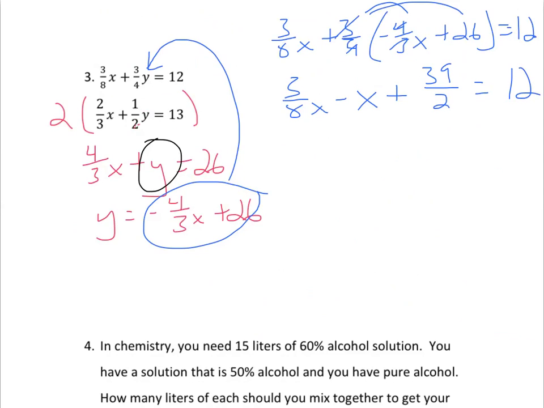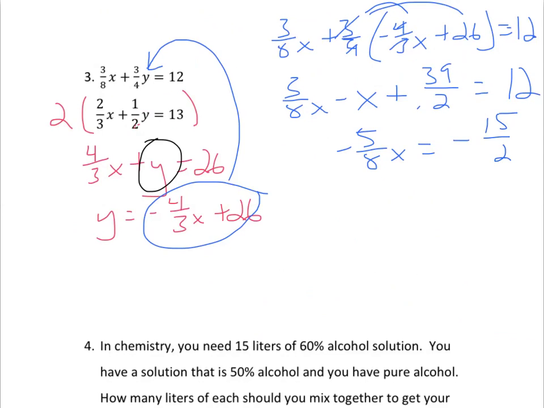And the next part, combine your x's, get all the numbers to the right side, so you subtract this 39/2 to the other side. And we'll have negative 5/8 x equals negative 15/2.